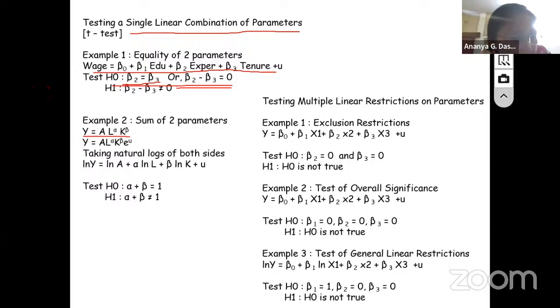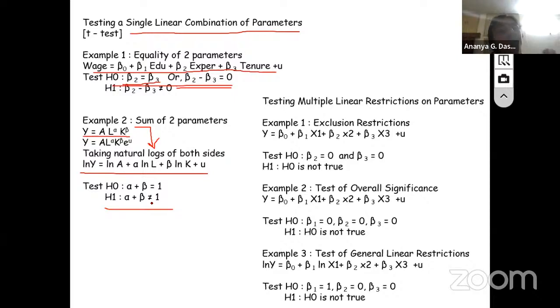Now, if you have this sort of a function, then you can actually fit it in your OLS regression model by taking log of both sides, right? Now, once you've taken log of both sides, you may want to test this, that the coefficient of log alpha plus the coefficient of log beta is equal to 1. This is a test of what we economists call constant returns to scale.